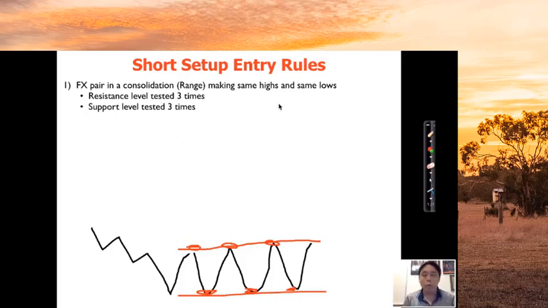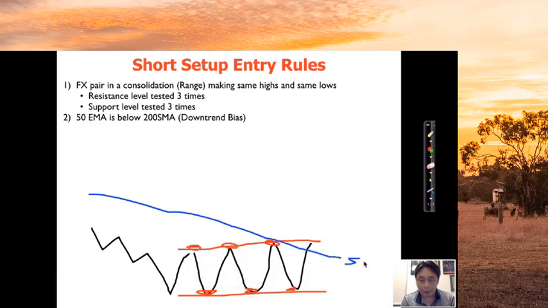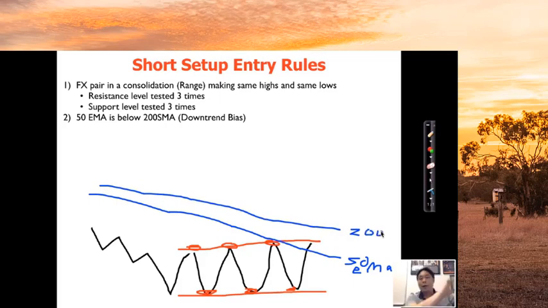Next, if you're going to go short, we want a downtrend bias. So what's a downtrend bias? We want the 50 EMA to be below the 200 simple moving average. So again, we want to see a 50 moving average somewhere there, and it's below the 200 moving average. So, downtrend bias.